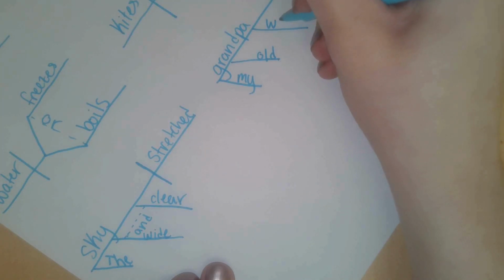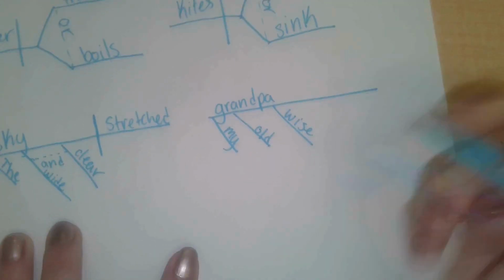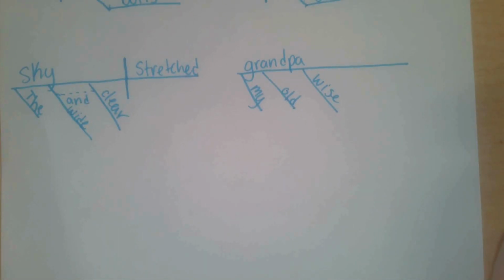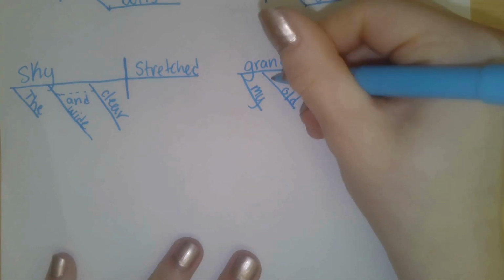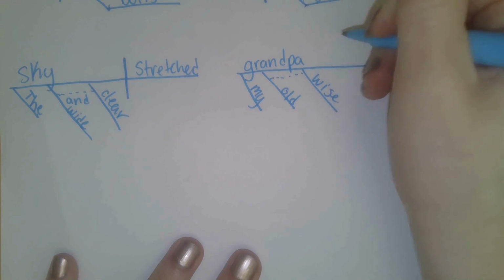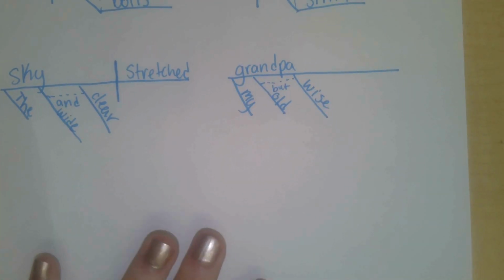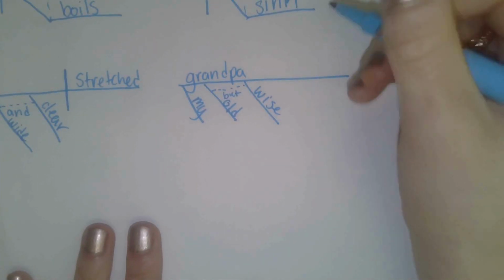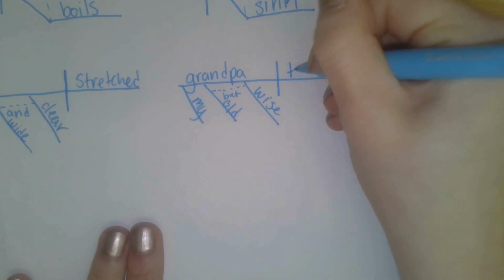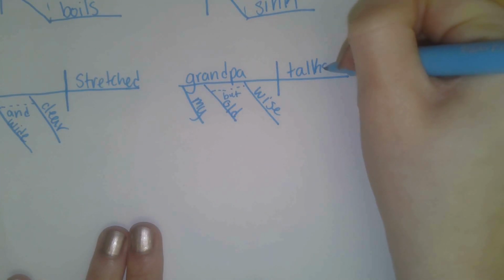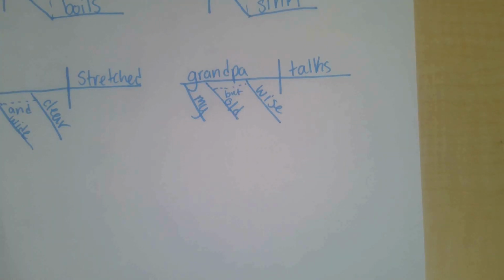And we have wise. Old but wise is our compound phrase. So I'm going to use a conjunction and put our conjunction in there. Old but wise. And then what did Grandpa do? Grandpa talks. That is our verb.